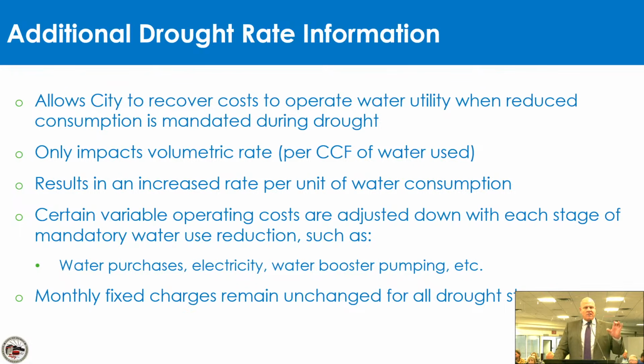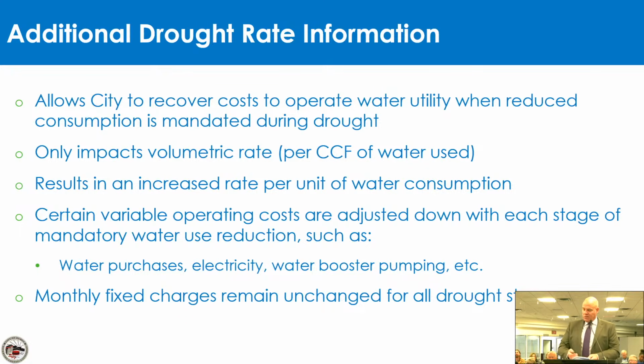It does cause the rate per unit of water to go up slightly because the costs don't go down equivalent to the amount of demand reduction. Some of those costs still have to be incurred. There's still personnel, and the plant has to be operated. But we did reduce all of the costs that were appropriate based on anticipated reduction in demand under the drought. And finally, the water fixed charges would stay the same.